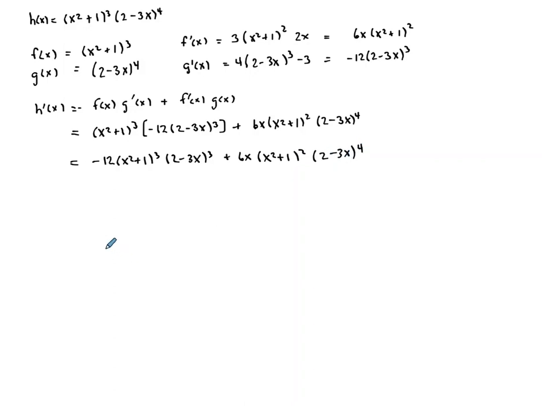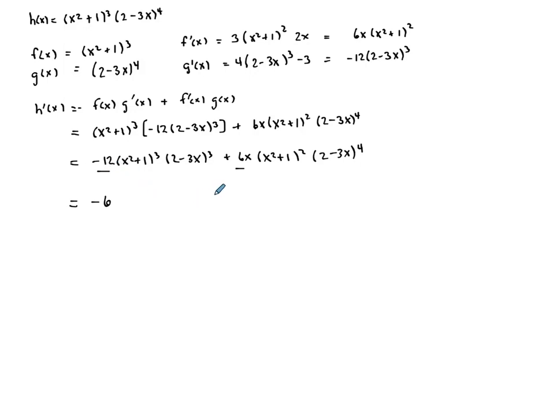So we're going to look at what is the largest factor I can take out of each term. Looking at the constants, I have negative 12 and 6, and I would think let's take out a negative 6 because it comes out of both quite nicely. If I take out a negative 6, from here I'm going to be left with a positive 2.